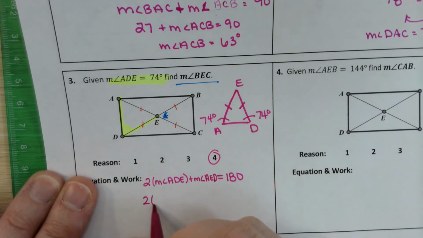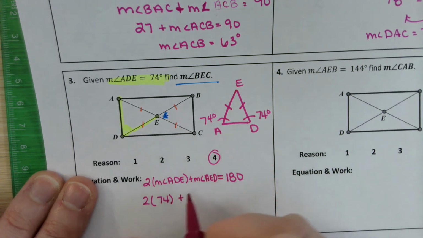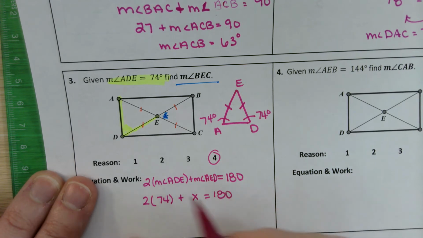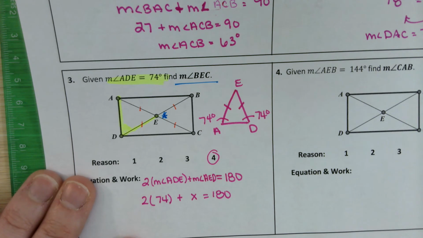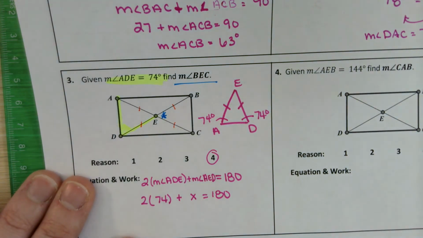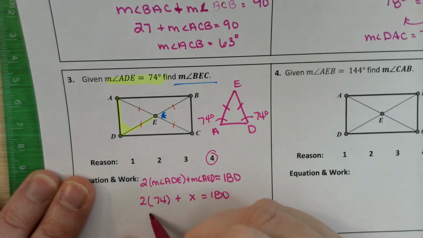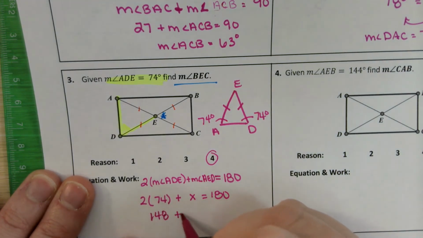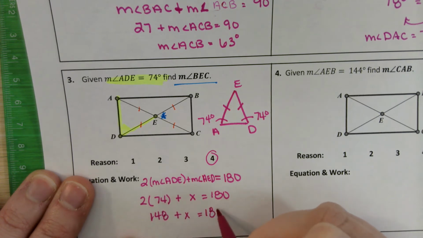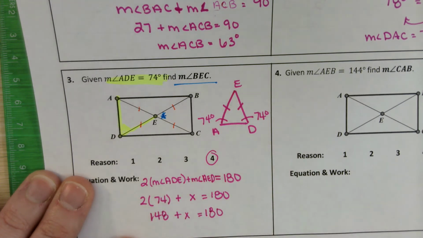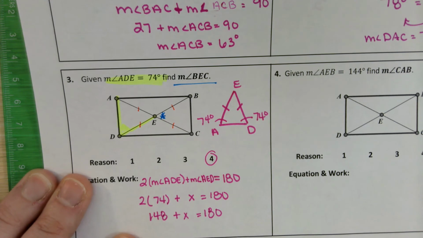So 2 times 74, and I'm going to put the letter X in here. X equals 180. So I get 148 plus X equals 180. So X equals 32.